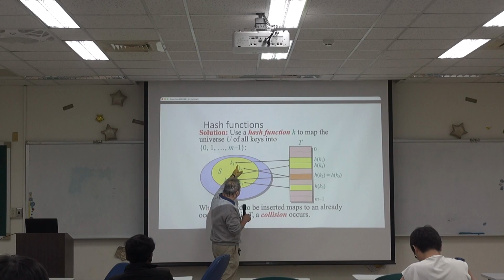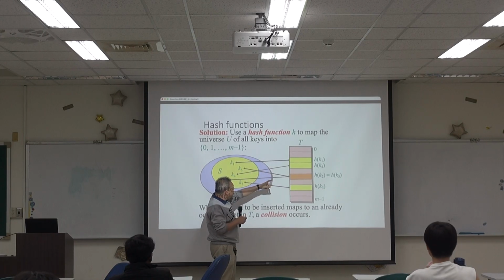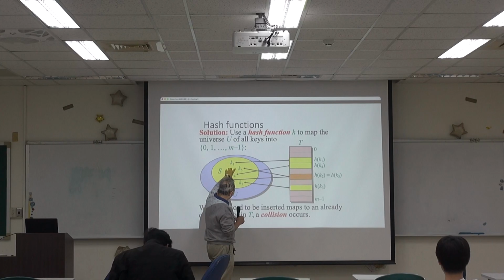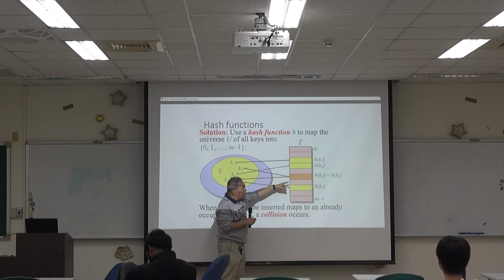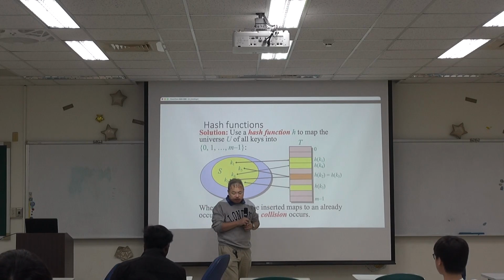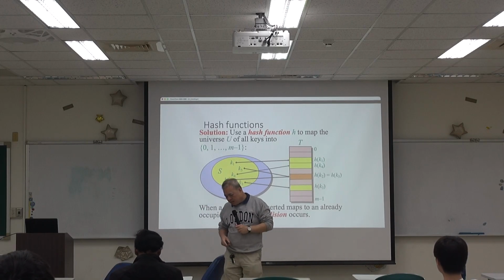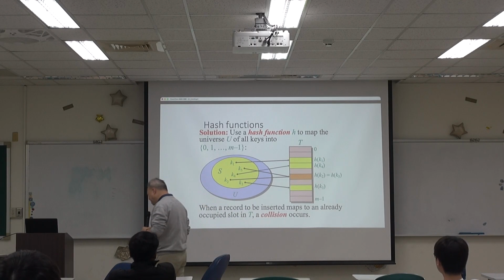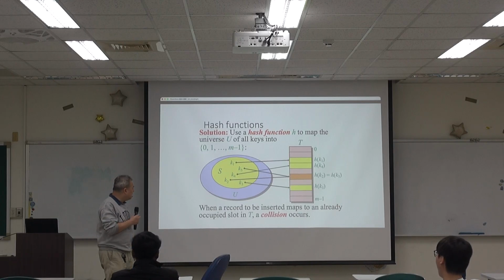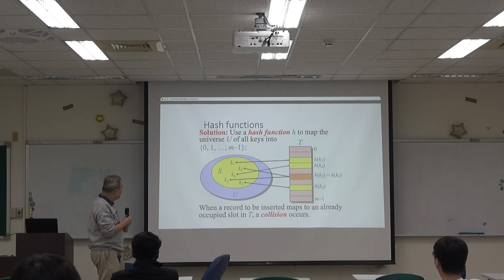Just by looking at this figure, you will find that the mapping may not be one to one. For example, you can see that key 5 and key 2 happen to be mapped into the same place, right? Yes, that may happen in a hash function.